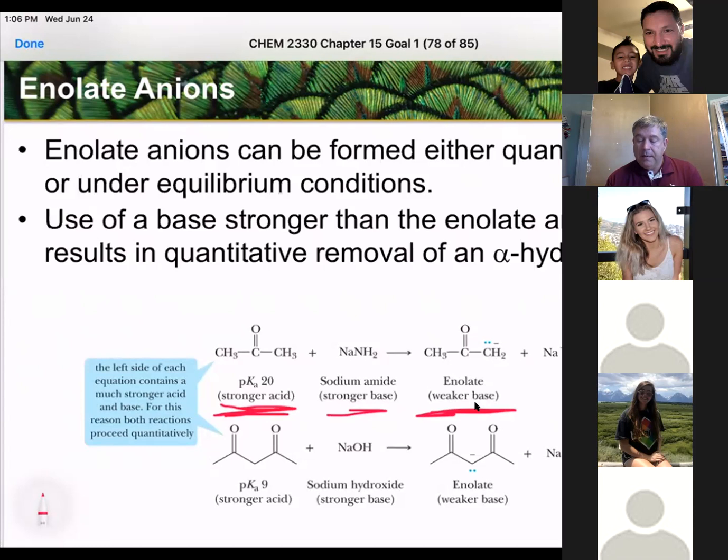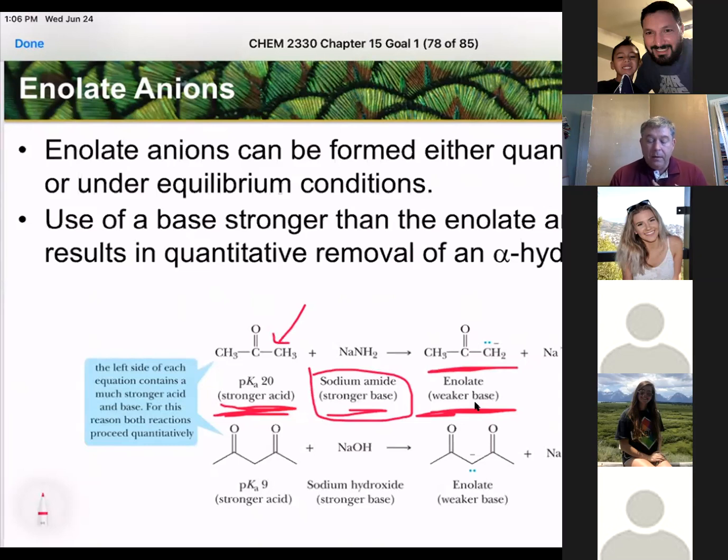The pKa of ammonia is 38. 38 is higher than 20, therefore 20 is more acidic. That means this is a strong enough base to remove a hydrogen from this ketone. Okay. When it does, it'll create this resonance stabilized enolate anion.